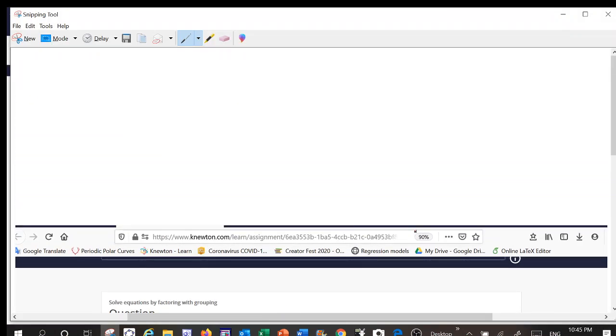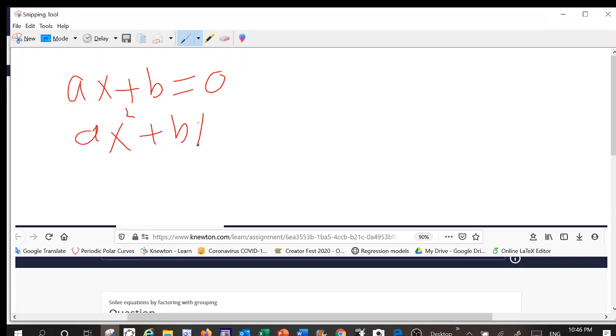So we know how to solve something like that. If you have ax plus b equals 0, that's very easy to solve. Just isolate x. Move the b to the other side, divide by a. If you have ax squared plus bx plus c equals 0, we know how to solve that. We can use the quadratic formula.